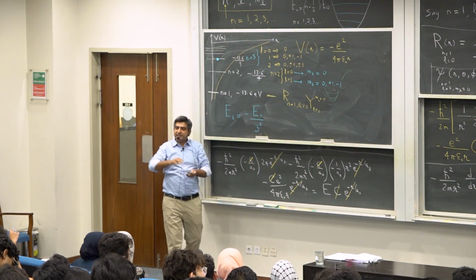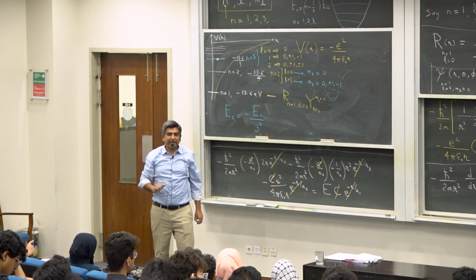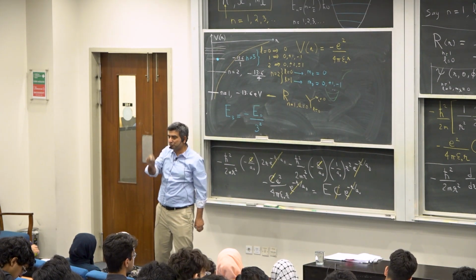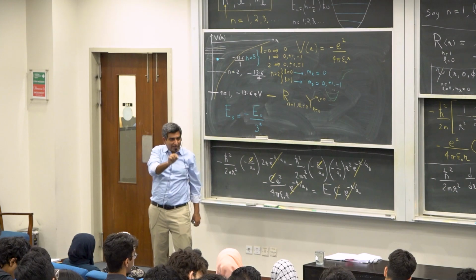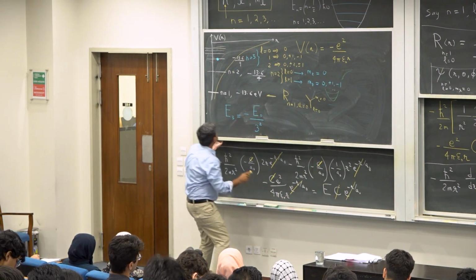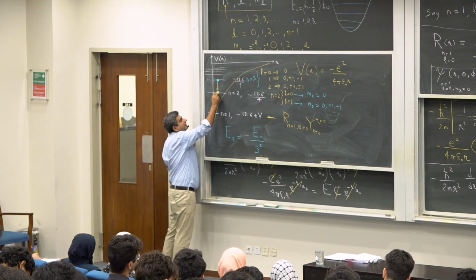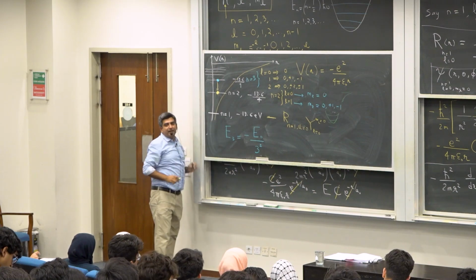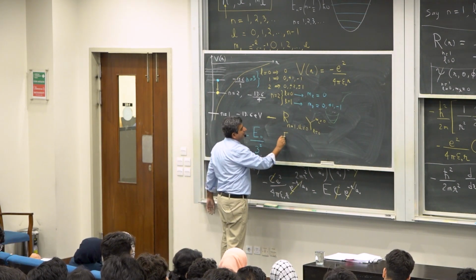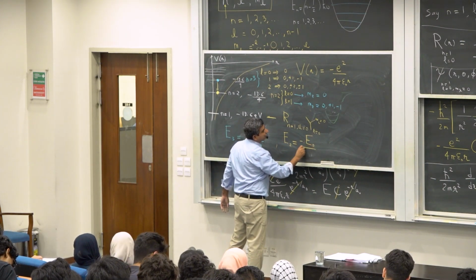Now if the electron that has been excited to the n equals 3 level falls down, it can fall into different levels. It can fall down into the n equals 2 level or to the n equals 1 level. Suppose it falls down into the n equals 2 level, makes this transition. Here the energy of the electron is going to be minus E naught over 2 squared.